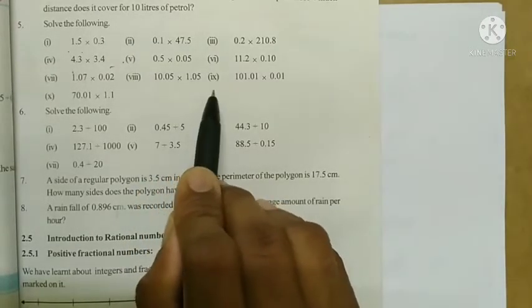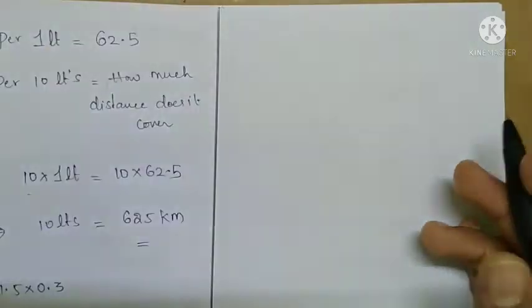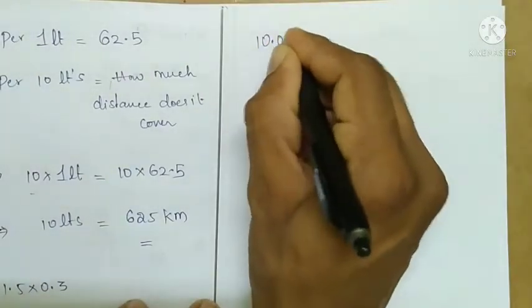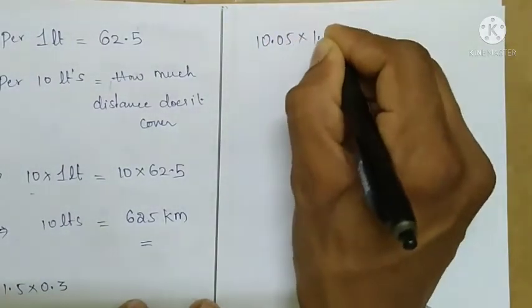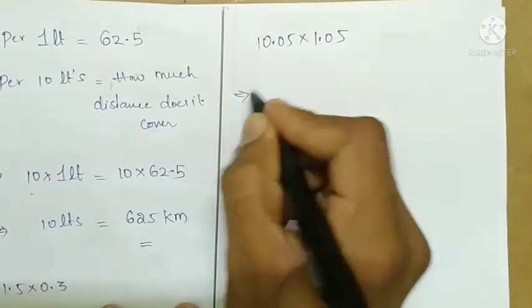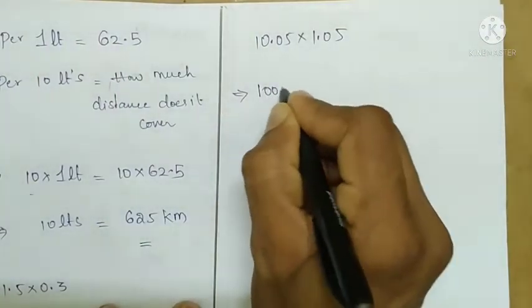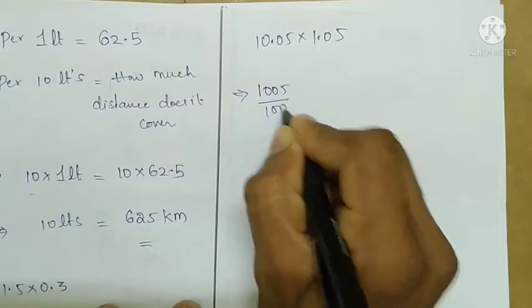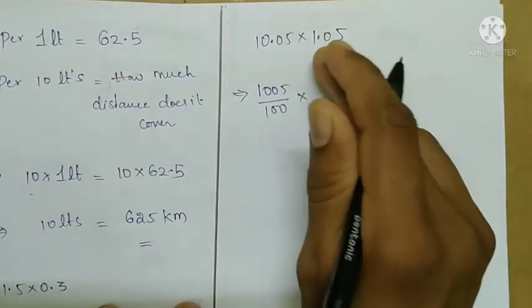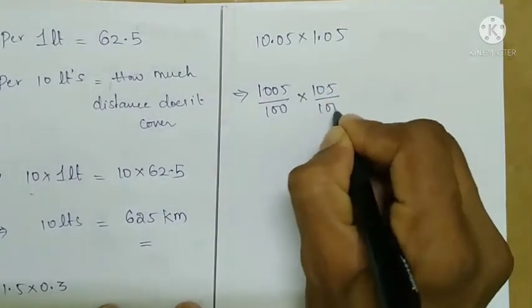10.05 into 1.05. So here 10.05 means 1005 by 100. So into 1.05 means 105 by 100.